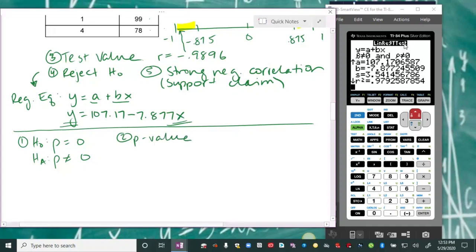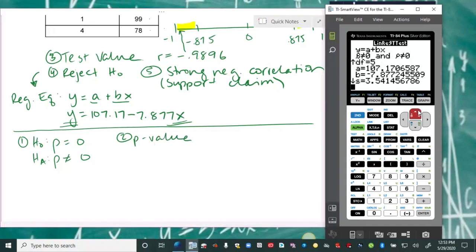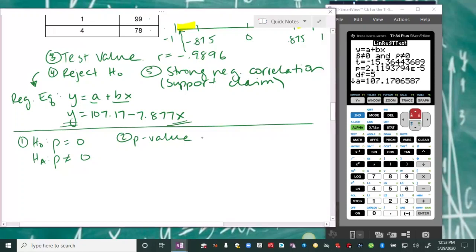If I look back up through the results of my hypothesis test in my calculator, the p-value showed up right towards the beginning there, and this is 2.119 e negative 5. Whenever you have that e negative something, it's a really, really small number.